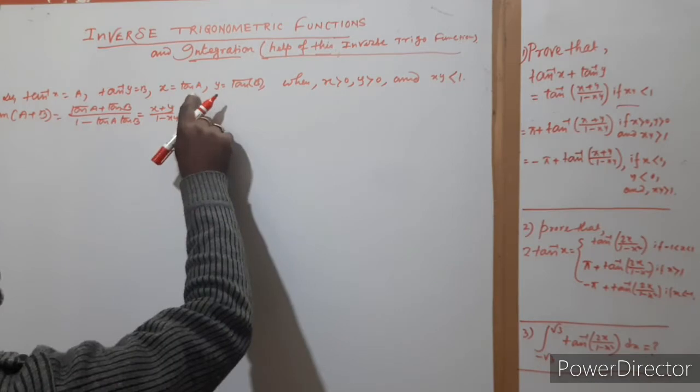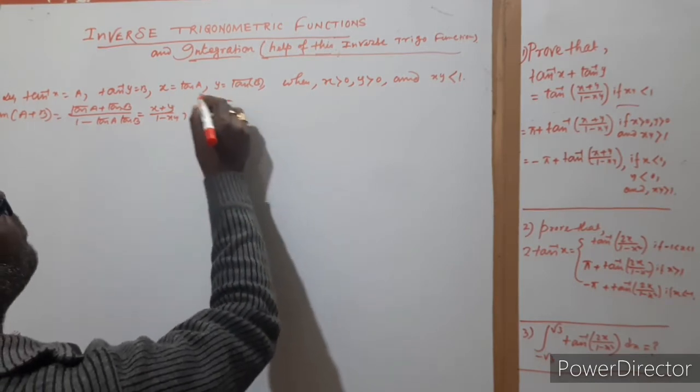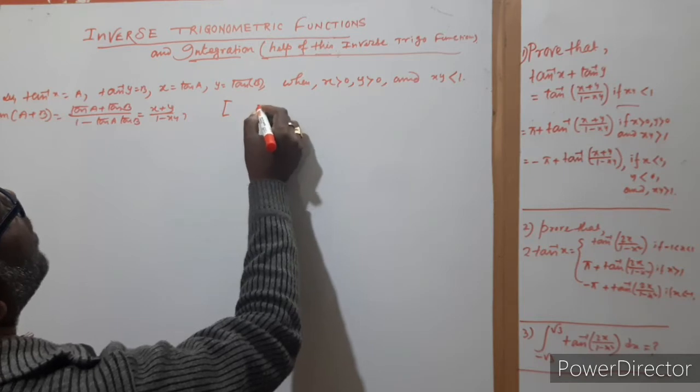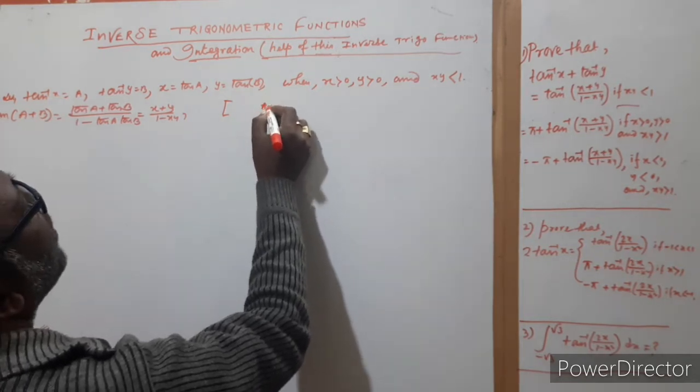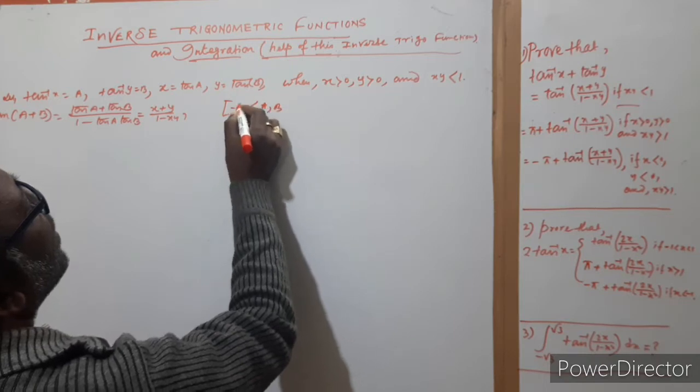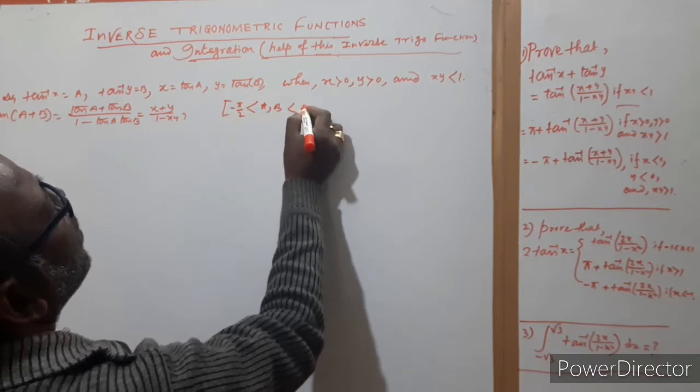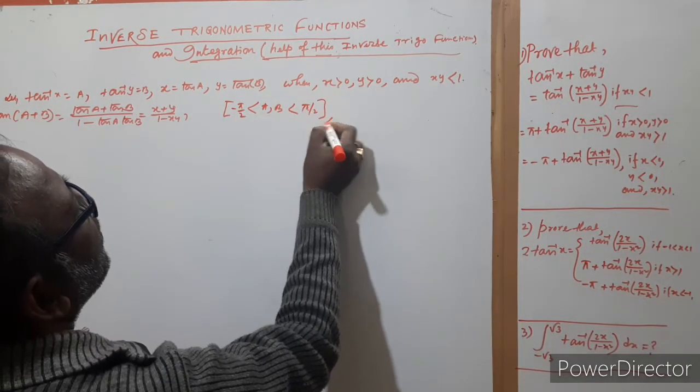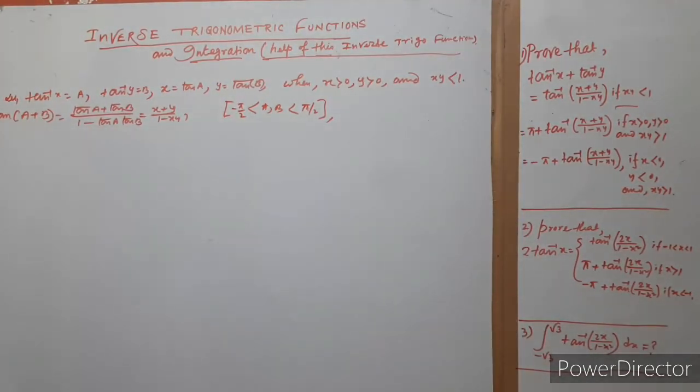And for that, the domain of a and b lies between minus pi by 2 to pi by 2. Okay, then we can write this, where x is more than 0 and y is more than 0 and xy is less than 1.